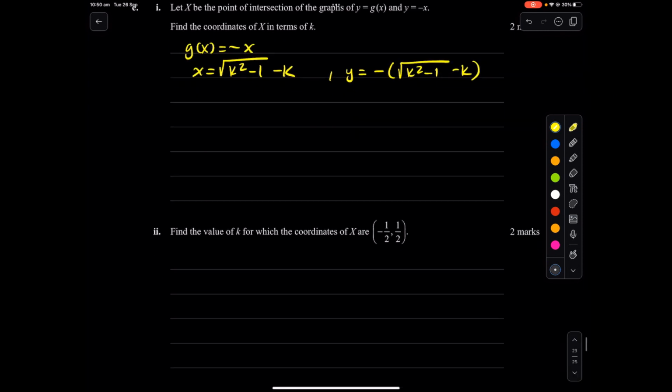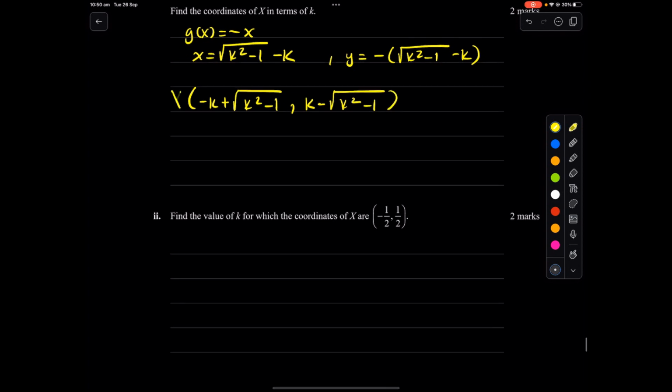So your coordinates are overall negative k plus root k squared minus 1, and k minus root k squared minus 1. Done. That's your x.